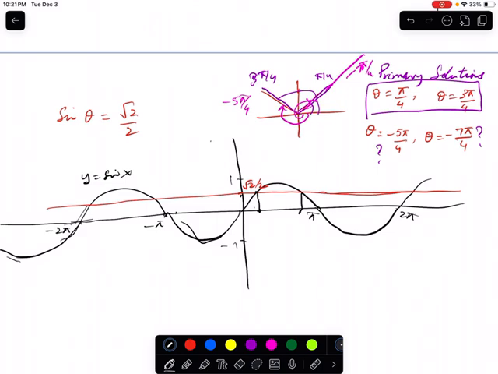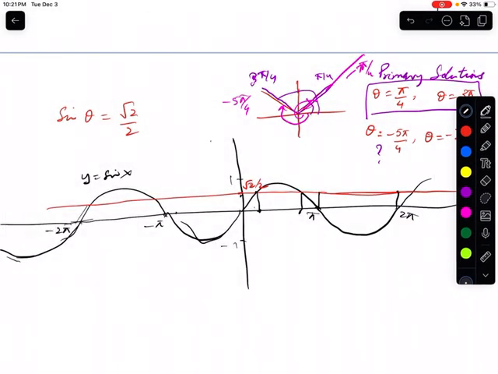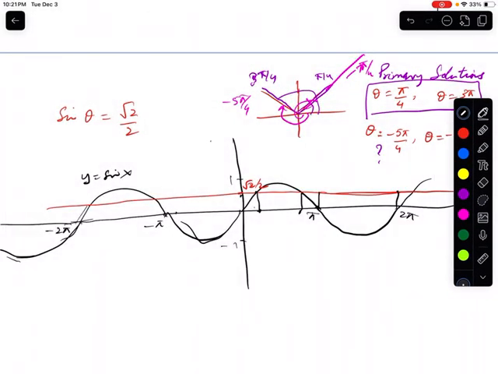Those are our solutions. Now in the interval 0 to 2 pi, from here till here is 2 pi, the graph is crossing the line only in two places.